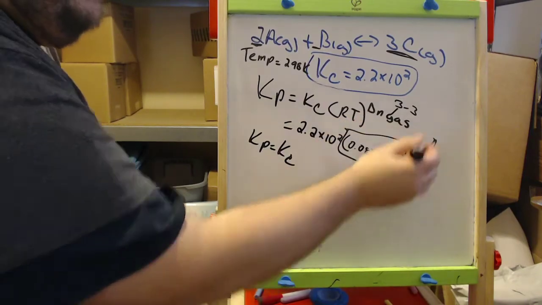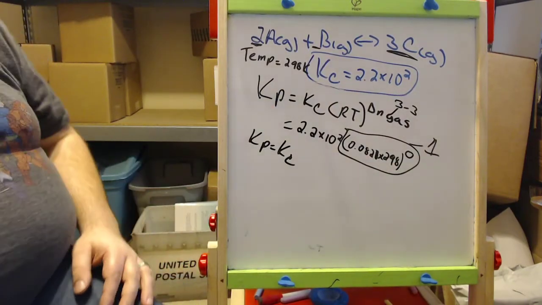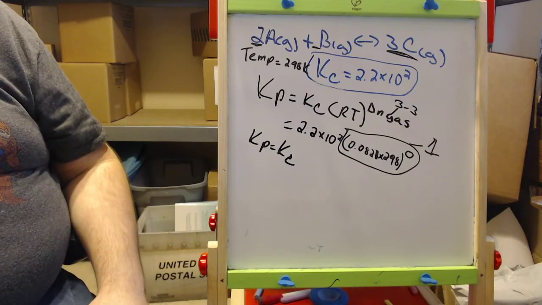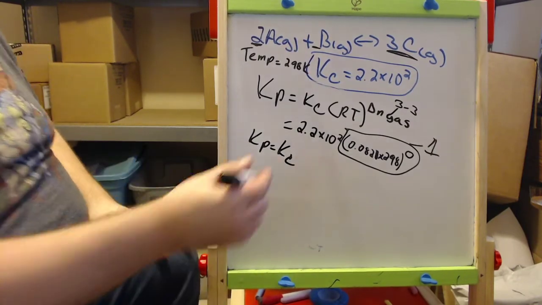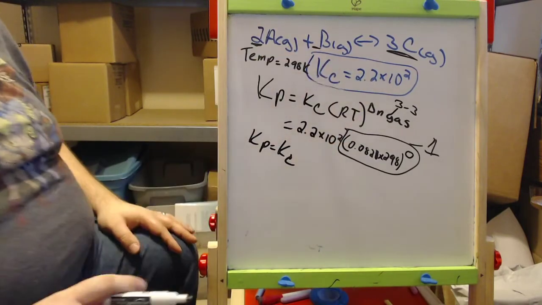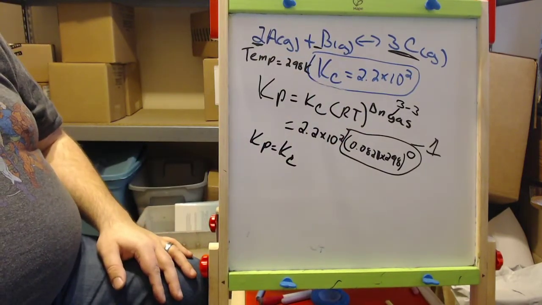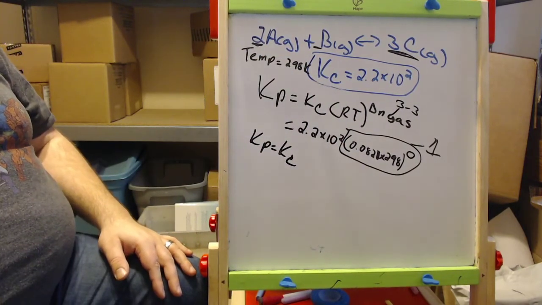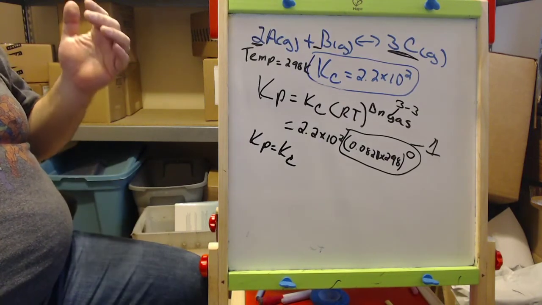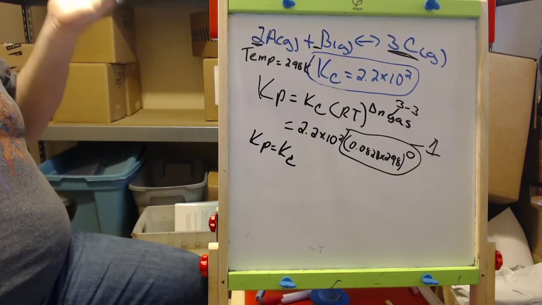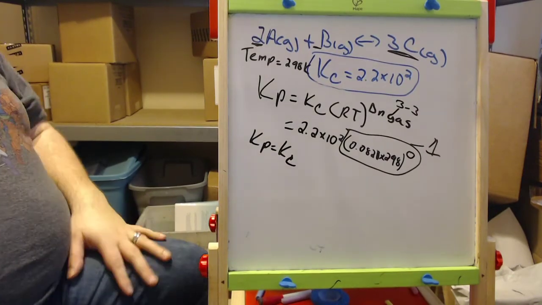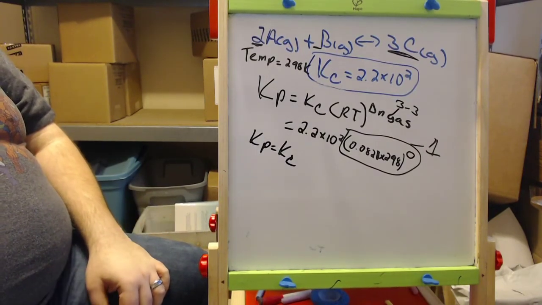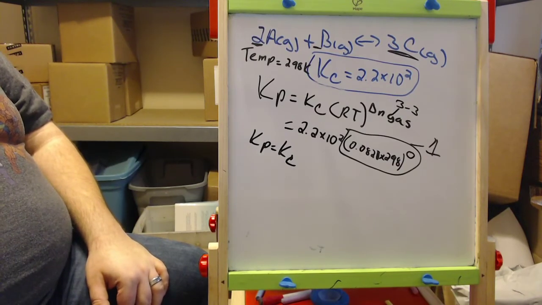So this would cancel out to be 1. So my answer for Kp would be the same exact thing, 2.2 times 10 to the second. You could put the numbers in and do the math in your calculator, but you're going to end up with essentially 1 there.